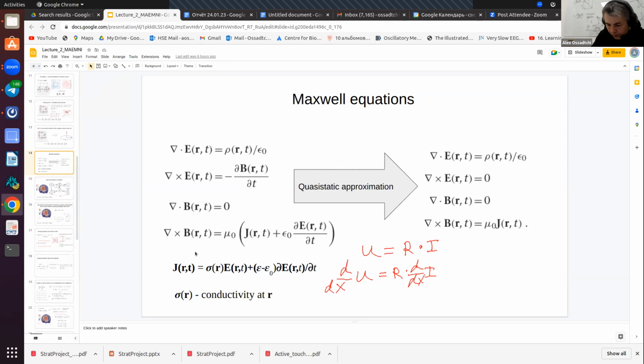Then this one is in fact E. And instead of resistance, we use conductance, which is reciprocal to the resistance, and this is the current density J, and therefore you have J equals sigma times E.